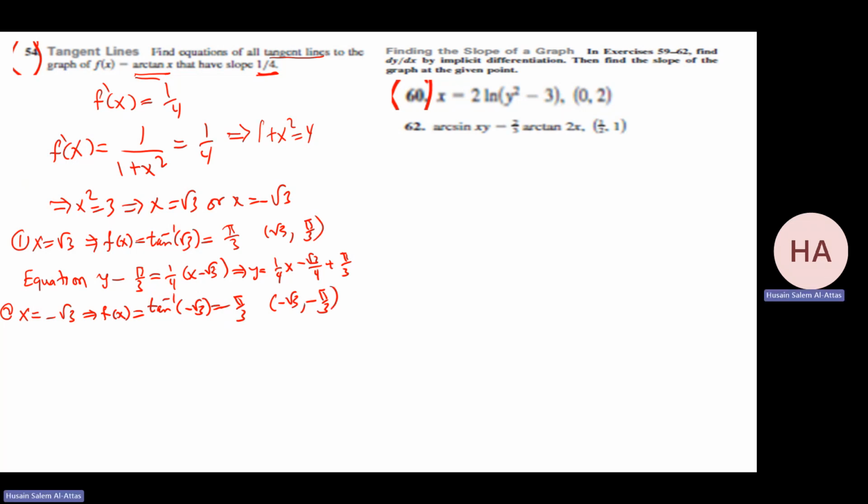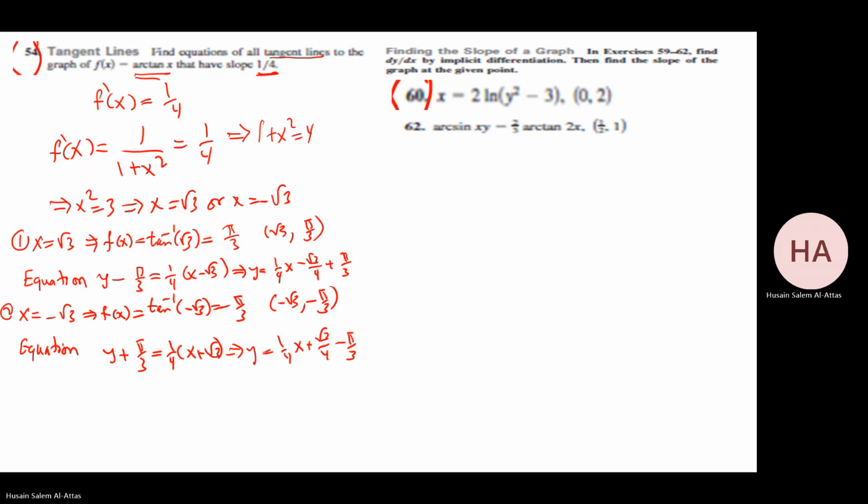Find the equation. It will be y plus pi over 3 equals 1 over 4 times (x plus square root of 3). So that implies y equals 1 over 4 x plus square root 3 over 4 minus pi over 3.